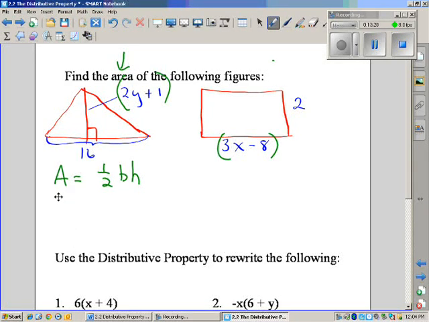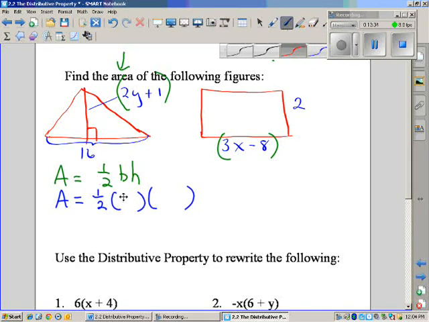Now, plug in what you know. We don't know the area. The 1/2 is part of the problem. Here's my shell. I'm going to write down my base and my height. The base is 16. The height is 2y plus 1 in parentheses.